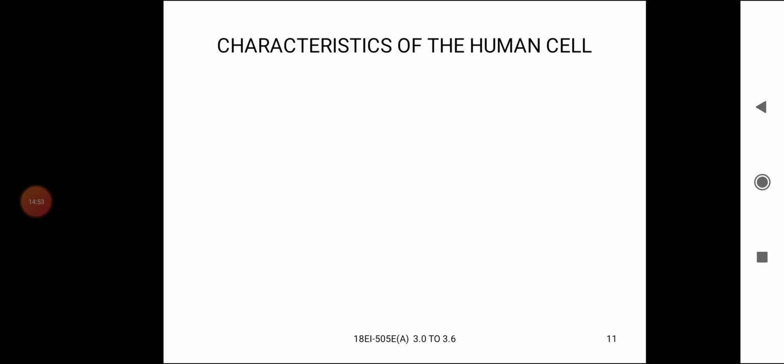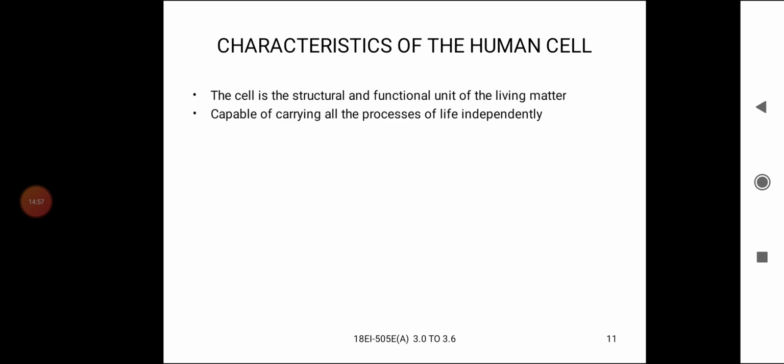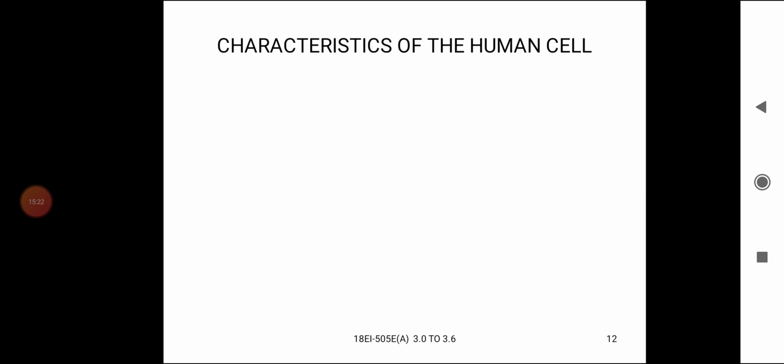Characteristic of the human cell. The cell is the structural and functional unit of living matter, capable of carrying out all the processes of life independently.